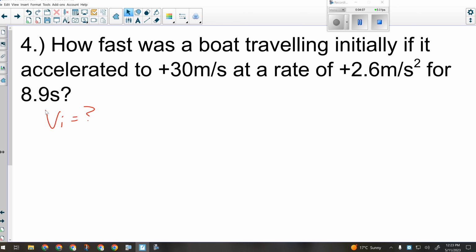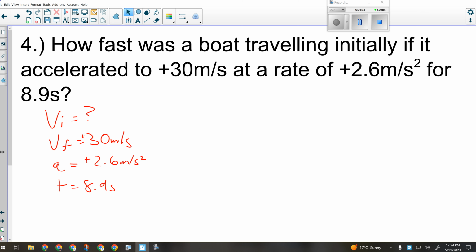That would be our final, so that's VF, positive 30 meters per second. It does that at a rate of positive 2.6 meters per second squared. That's our acceleration. It doesn't outright say that's acceleration, but from the context of the question and the units, we know that's what that is. And it does that for 8.9 seconds. Seconds are always time.